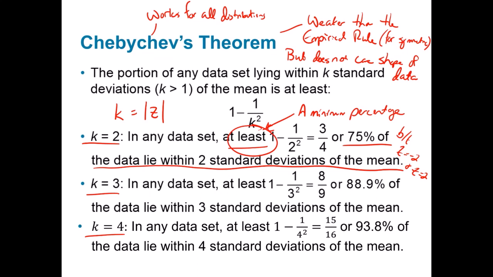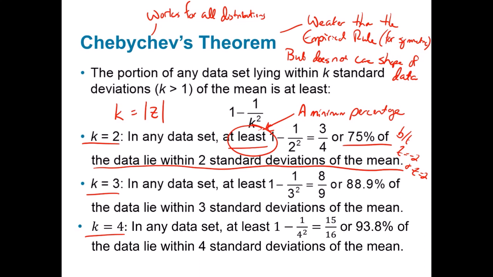So is this really true with the symmetric distribution? Is there at least 75% of your data within 2 standard deviations of the mean? So is 95% at least 75%? It is, so it's still true. Both rules are true, but you're getting a stronger statement from the empirical rule.